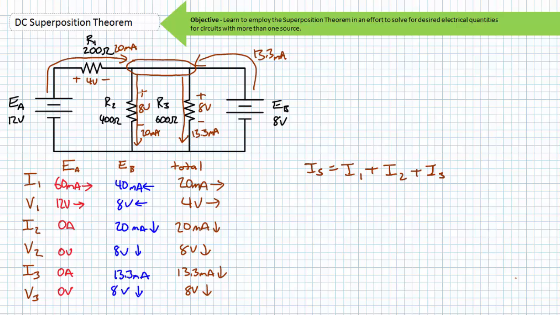In this case, R1, R2, and R3 are placed perfectly in parallel with one another, where EB must apply the summation of I1, I2, and I3 for source current, where this source current is 40 plus 20 plus 13.3 milliamperes. However, when countered by the effects of EA, EB is now a short circuit, which forces 60 milliamperes of current in the opposite direction. Therefore, EB is relegated to only supplying 13.3 milliamperes of current to the top node.